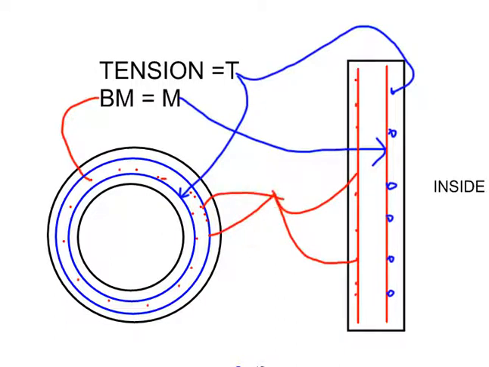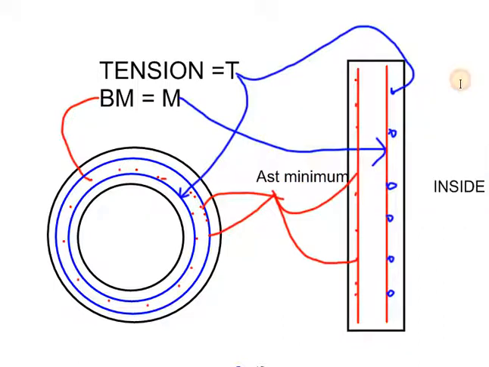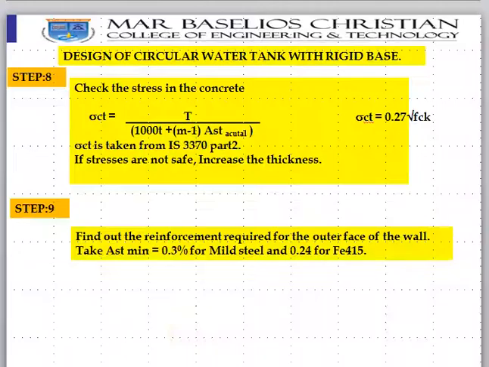These are all going to be your minimum reinforcement, AST minimum. So that is important. That one you can take according to the area of steel. If it is Fe415 steel you are using, take 0.24 percentage. If it is 250 mild steel, it is 0.3 percentage.